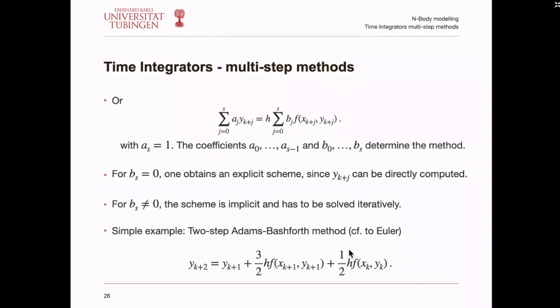You only have the function evaluation at the interval, no steps in between. And this is already a second order method, and you have the same computational effort for the evaluation of the force function as with the standard Euler integrator. Just by using the old information from the steps before, you get a higher accuracy.